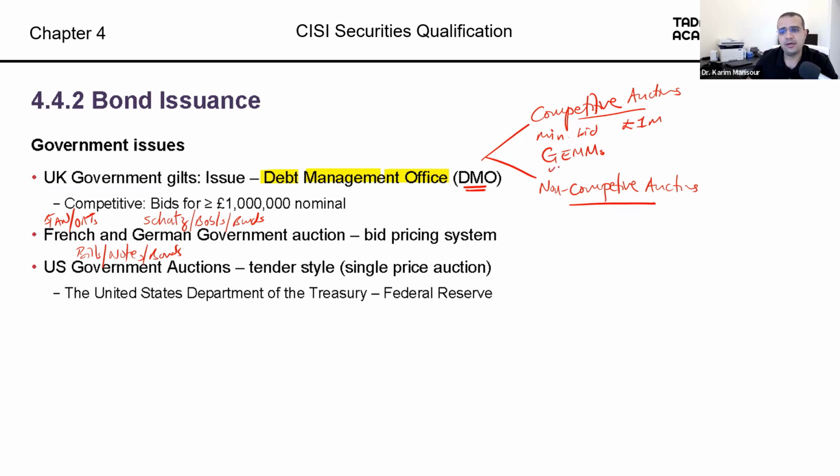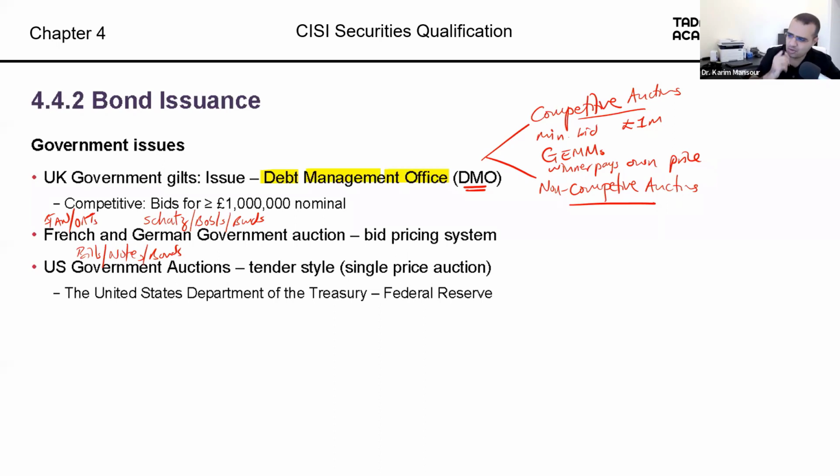And the winner pays on price. So when you are bidding, if you offer to buy every 100 nominal for 102, and somebody else offered to pay 103, you both win, you're going to pay 102, and they are going to pay 103. Whatever we offered, if we win, that's the price we are going to pay. These are the competitive auctions from the UK government.